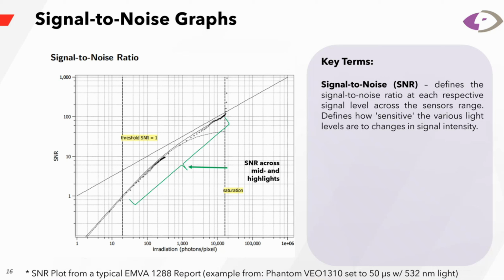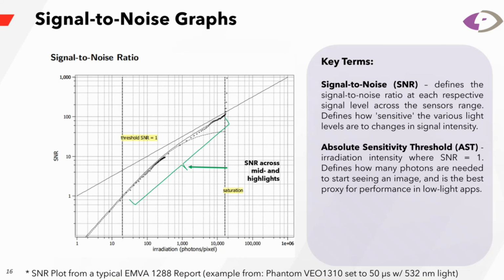The absolute sensitivity threshold, which is shown by the blue arrow on the left, tells you exactly where a signal to noise ratio of 1 is located. It also defines how many photons are needed for you to start seeing an image. And it is actually the best proxy, or the best specification, for determining the performance of a sensor in low light applications.